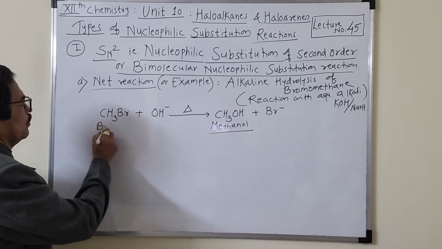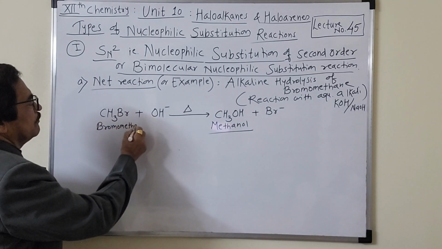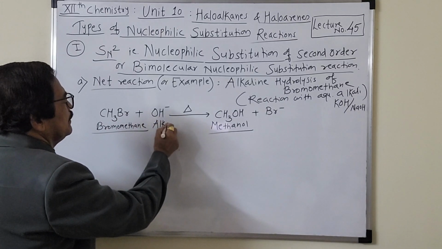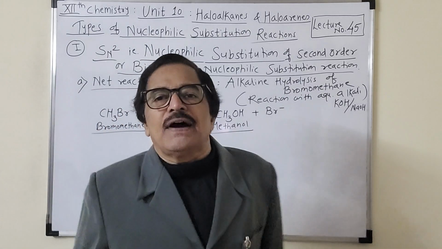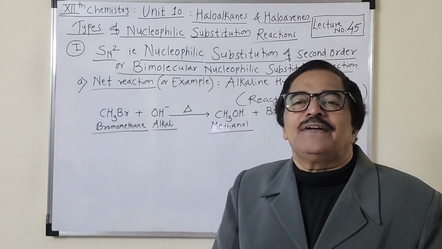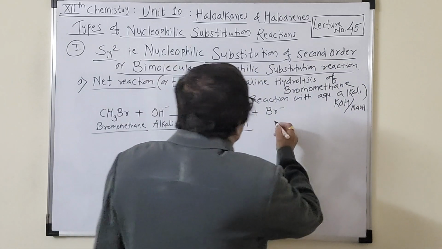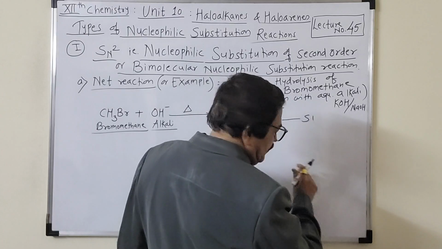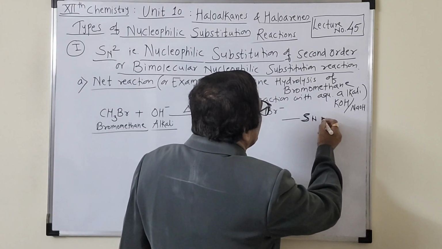And this is bromomethane. This is the net reaction I am showing. And this is the alkali. So one nucleophile is replaced by another nucleophile. Definitely it is called what? SN reaction. Since one nucleophile is replaced by another nucleophile, it will be known as an SN reaction.